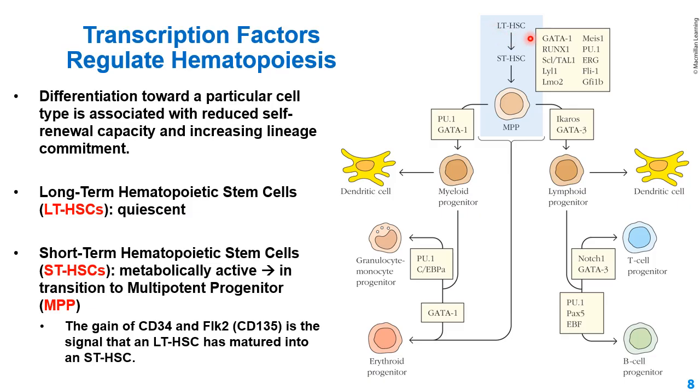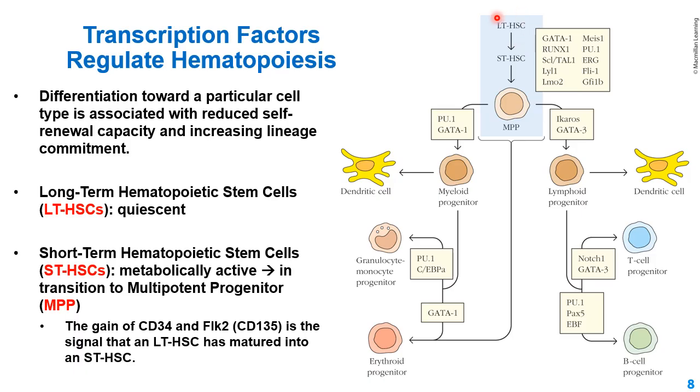In the bone marrow, you have stem cells sitting there and not doing much. They're not really metabolizing a lot. They are quiescent, just sitting there for a long time. The term for those is long-term hematopoietic stem cells, LT.